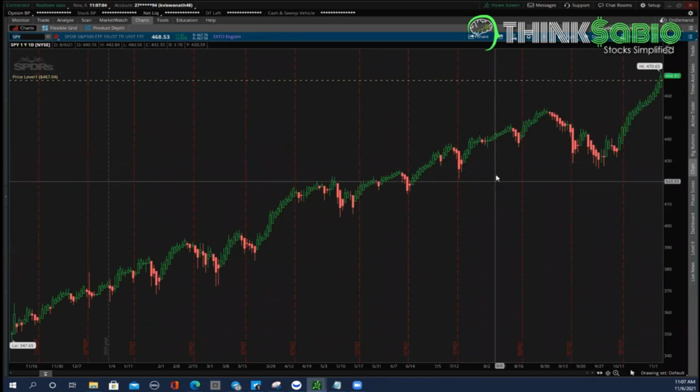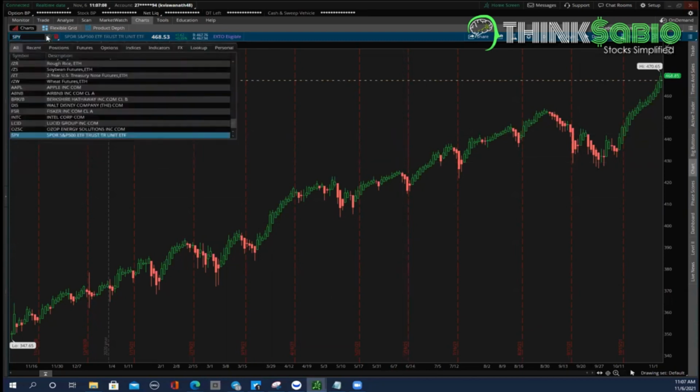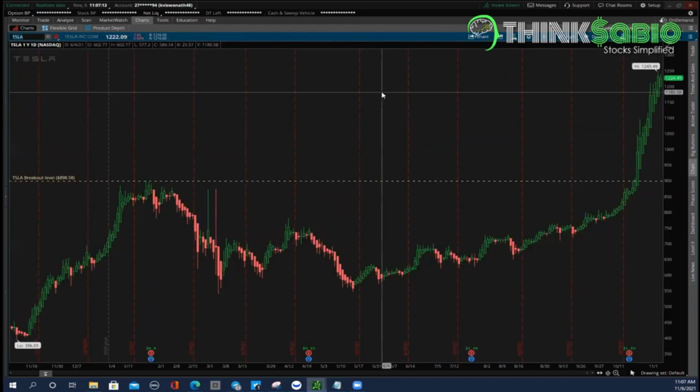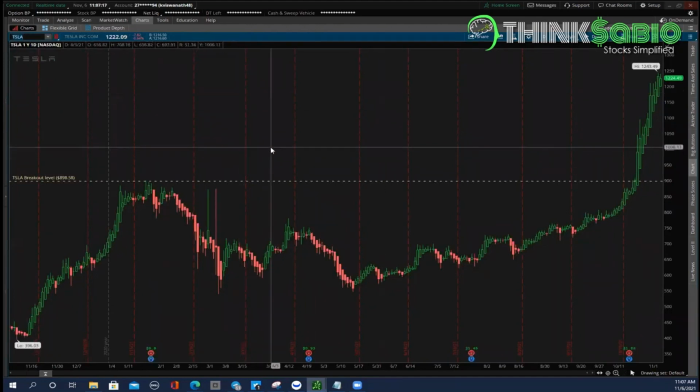So what is support and resistance, and how do you use it for trading? Let's look at Tesla, because it recently broke its support and resistance level. You can also call it supply and demand. Some say support and resistance is different from supply and demand. I kind of disagree.